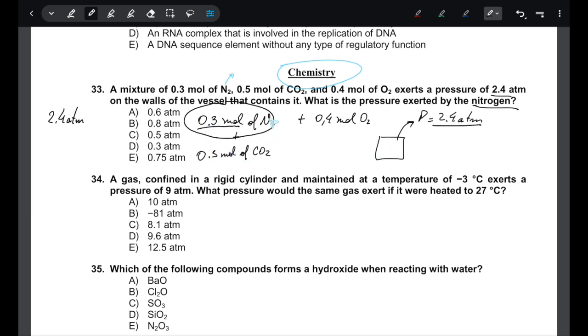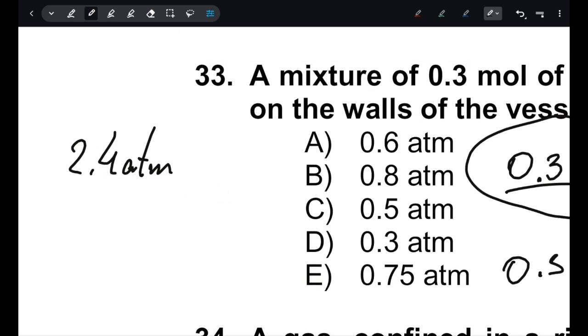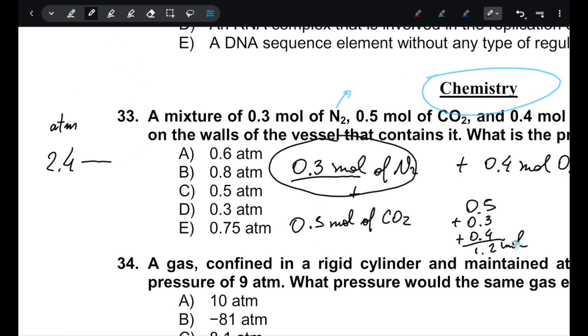We have to sum up all these numbers here. 0.5 plus 0.3 plus 0.4, this is going to be a total of 1.2 moles. 2.4 atm is going to correspond to the total amount of moles here, 1.2 mole.